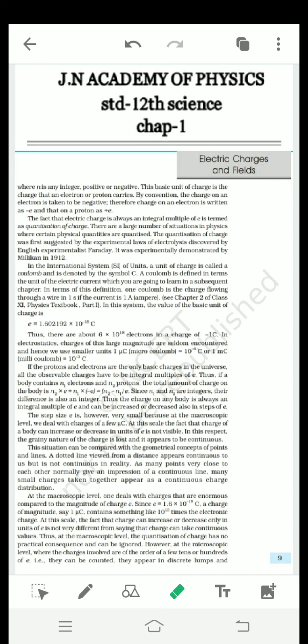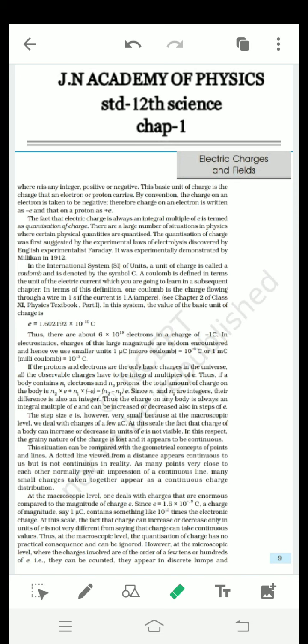In this system, the value of the basic unit of charge is e equals 1.602192 times 10 to the power minus 19 coulomb. So by calculation, there are about 6 times 10 to the power 18 electrons in a charge of minus 1 coulomb. The other smaller units are: 1 microcoulomb equals 10 to the power minus 6 coulomb, and 1 millicoulomb equals 10 to the power minus 3 coulomb.